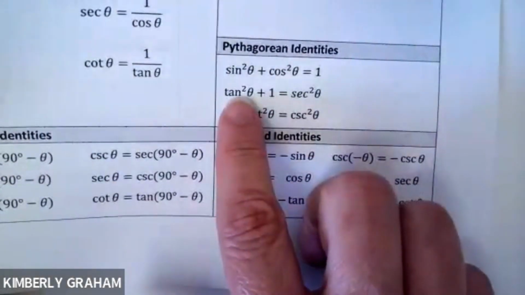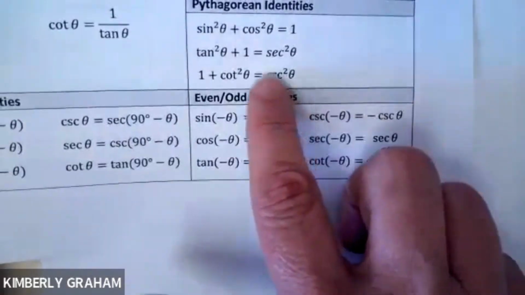If you look a little bit closer, you can see that you've got a Pythagorean identity with tan squareds, and you've got ones with cosecant squareds. So we're going to need to change these. And again, it doesn't matter whether you change everything to 80 degrees or everything to 10 degrees. I'm going to change everything to 10 degrees.